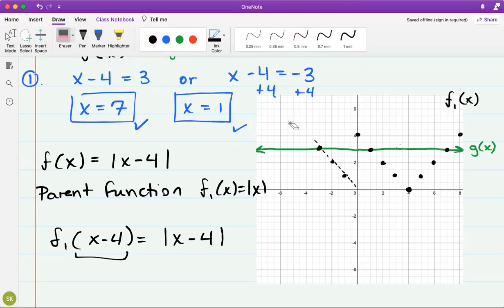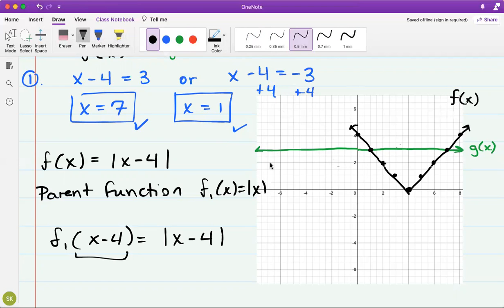Now let's erase this parent function completely and draw the new function. That wasn't very good. Let me try again. Okay, and now this is the function f of x.